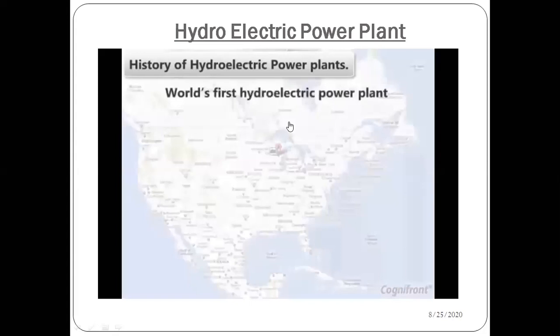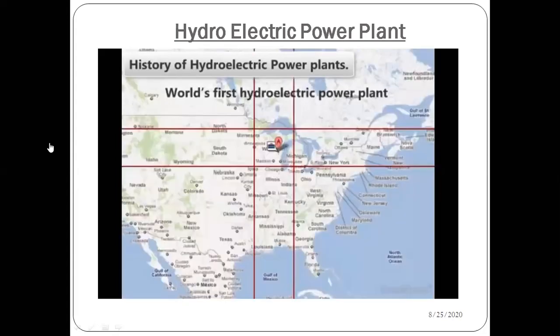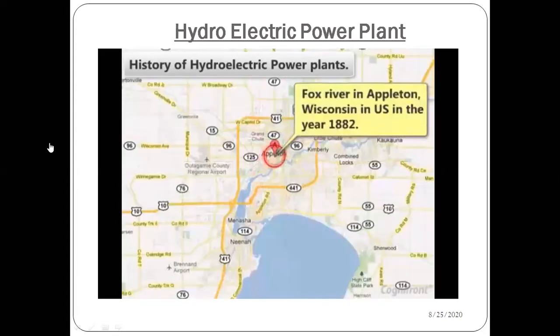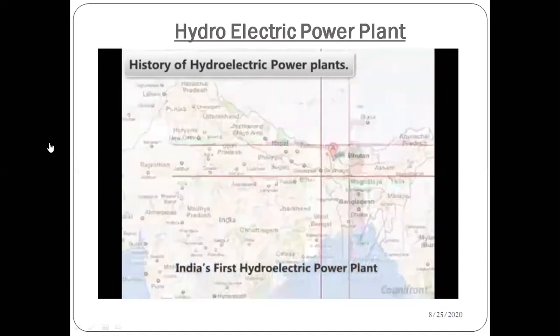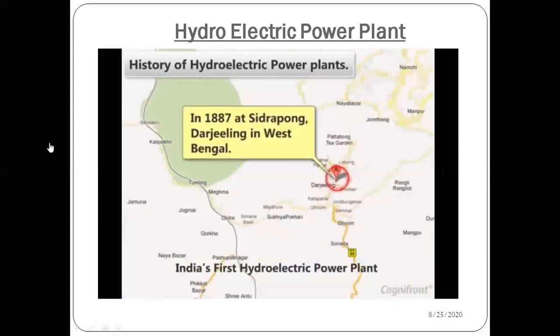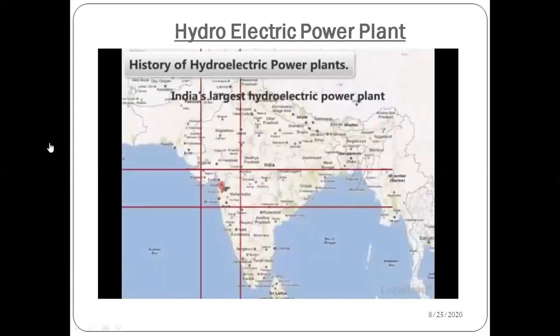History of hydroelectric power plants. World's first hydroelectric power plant was built across the Fox River in Appleton, Wisconsin in the US in the year 1882. India's first hydroelectric power plant was commissioned in 1887 at Sidrapong, Darjeeling in West Bengal.